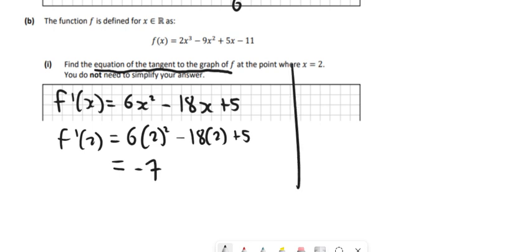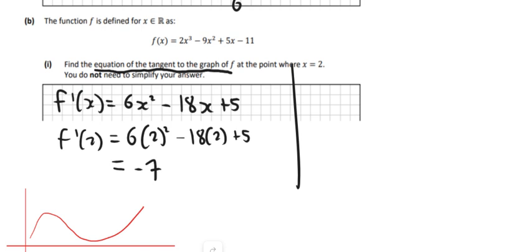Now I want to get the point on the curve as well. So if I was to draw that, this cubic will be, it comes down, I don't know, I'm just drawing randomly now, but it comes down at where it's 2.